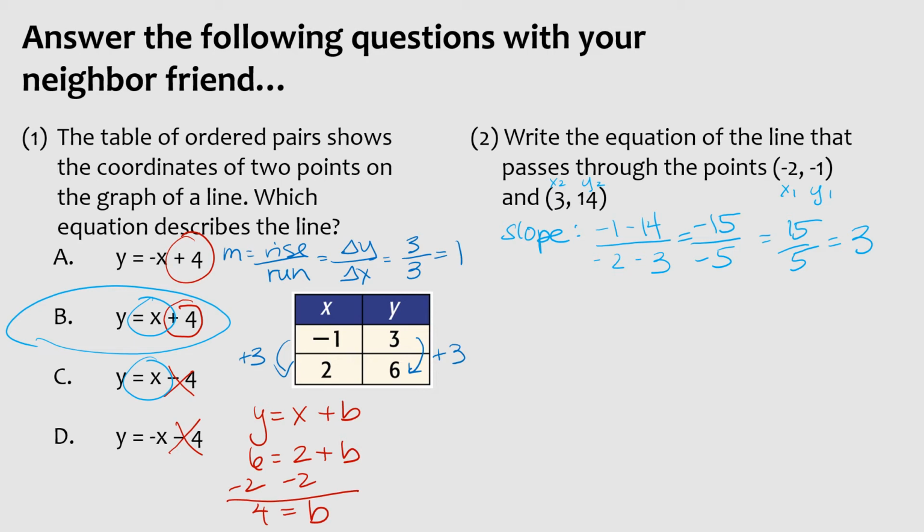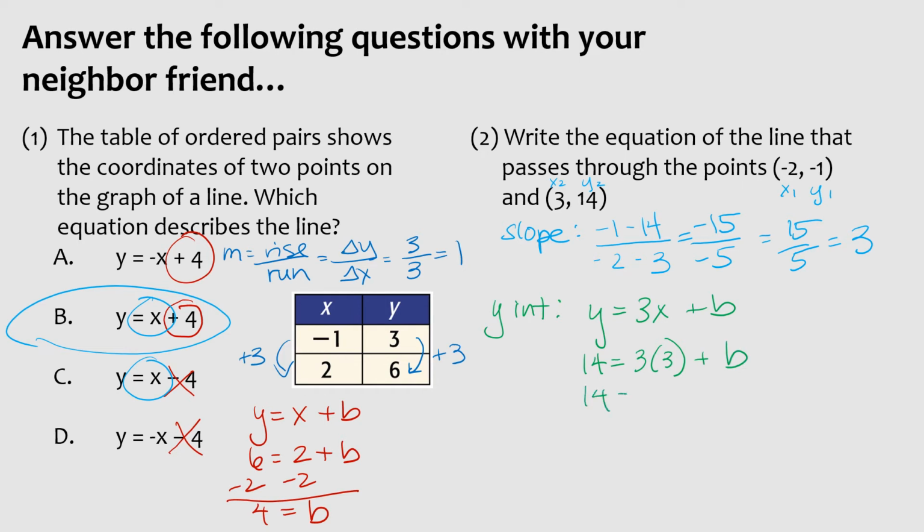Okay, so then let's plug it into the equation to get the y-intercept. So I know that we have y equals 3x plus b. And this is a tricky one. Either I have to deal with the 14 or I have to deal with negative numbers. I'm going to choose that 14 because why not? So 14 equals 3 times 3 plus b.